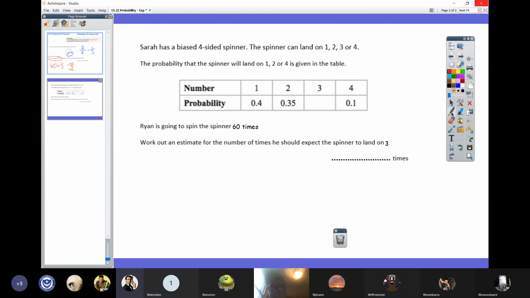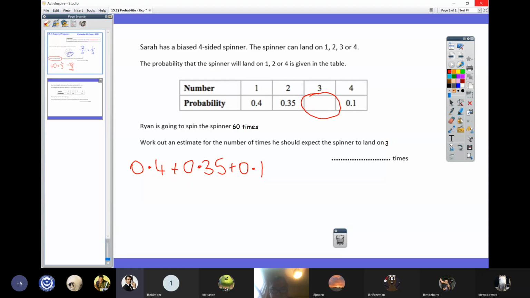So the first thing we're going to need to do is work out the probability of landing on a 3. So let's add up the other probabilities: 0.4, add 0.35, add 0.1. Get your calculator out and add those up. I think that's going to be 0.85, but let's double check. That is 0.85.